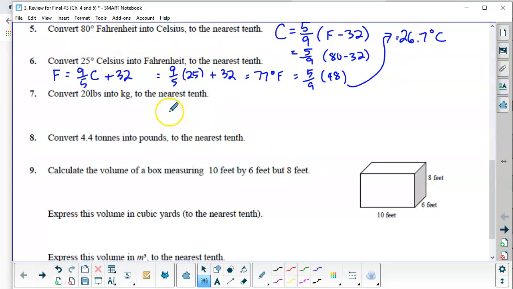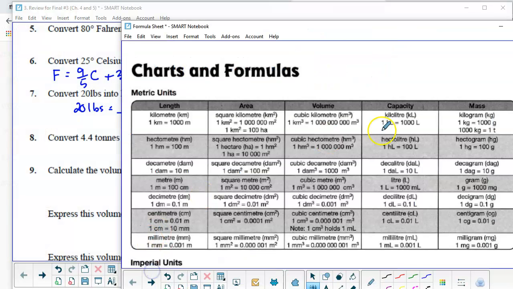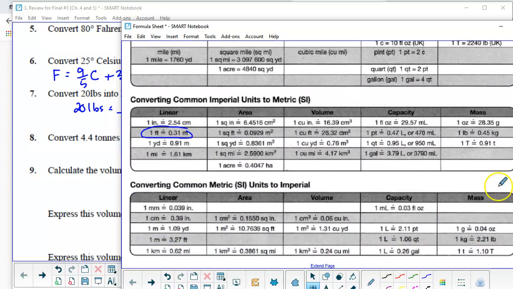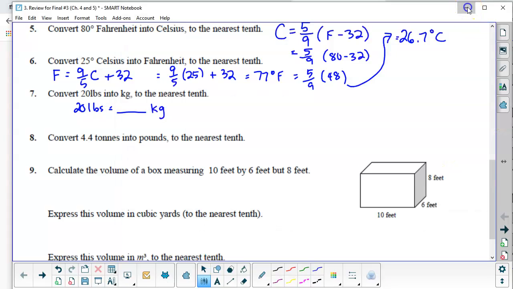Okay, next conversion is pounds into kilograms. So 20 pounds, so that's imperial, into metric. So in the back of your book, we want to go from imperial to metric, okay? But this now is a mass measurement, okay? So pounds to kilograms, 0.45.